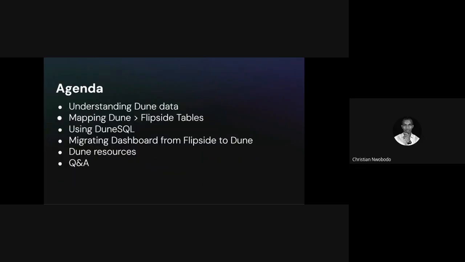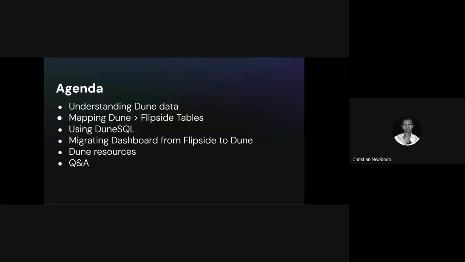So for our class today, our primary focus is helping you understand Dune data. Dune data is structured a bit differently, so I'm going to help you understand it, show you how data is organized on Dune, and how you can find your way around Dune data.